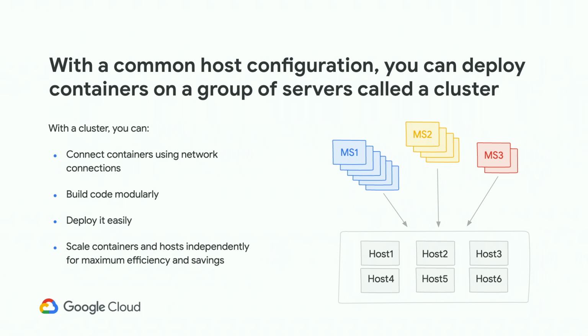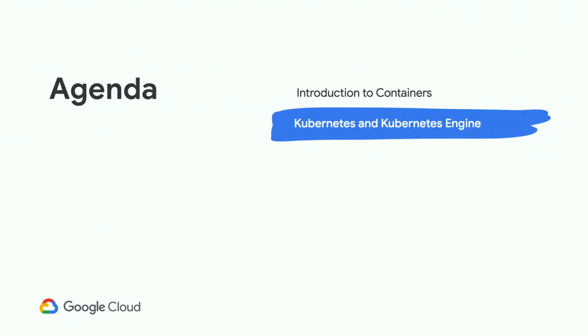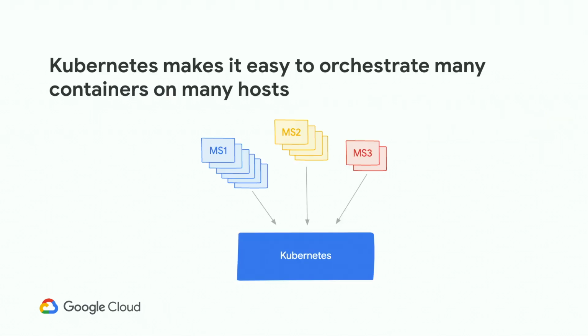So in this case, with a lot of containers on a lot of different hosts, that's a hard thing to do. That brings us to Kubernetes and Kubernetes Engine. Kubernetes is basically orchestration. We said it makes it easy to orchestrate many containers on many hosts. And by the way, this is something originally from Google, which we contributed to the open source world.